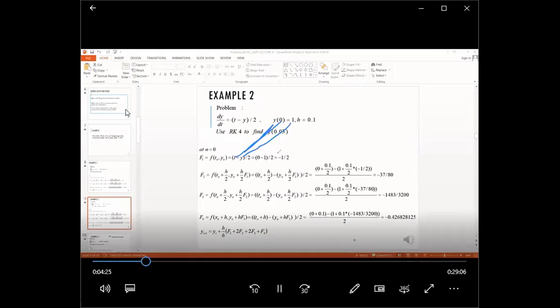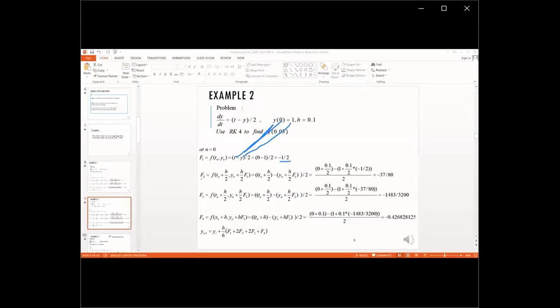Then you do the same thing for the next point, which is f2. f2 is going to be f of t naught plus h over 2, y naught plus h over 2 f1. So you just substitute the values. We know t naught is 0. The step size h is 0.1. But let me mention this.